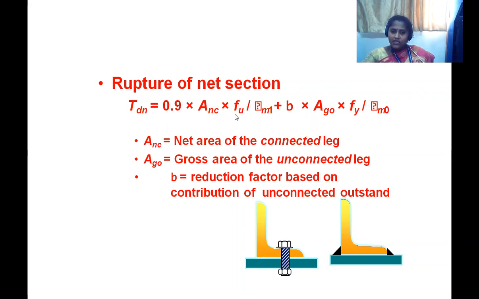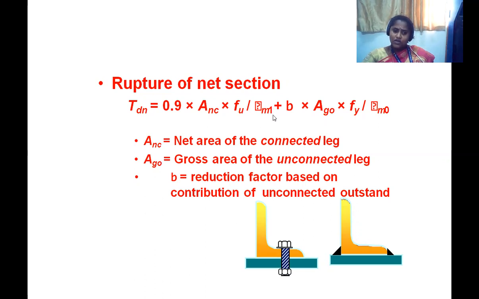Fu, I've already informed you, F always refers to strength, U refers to ultimate and Y refers to yield. So Fu is nothing but ultimate strength.